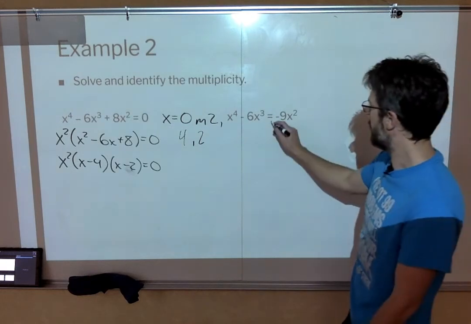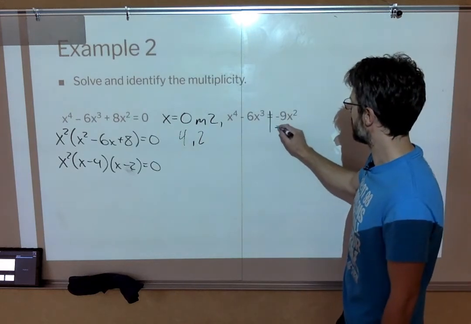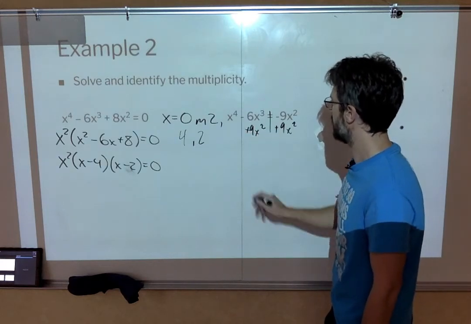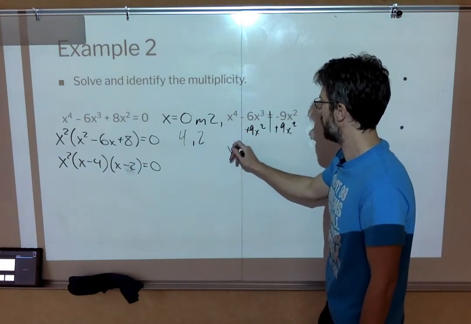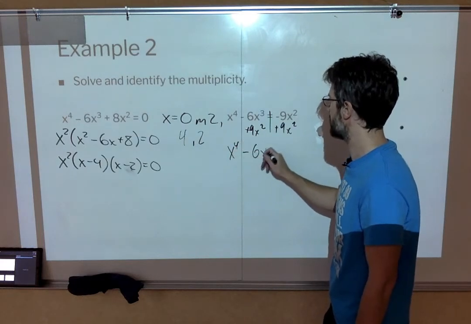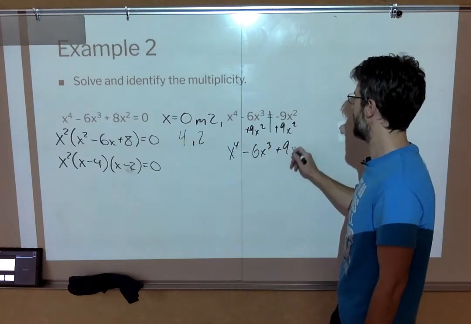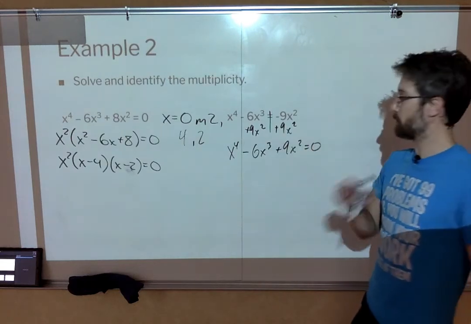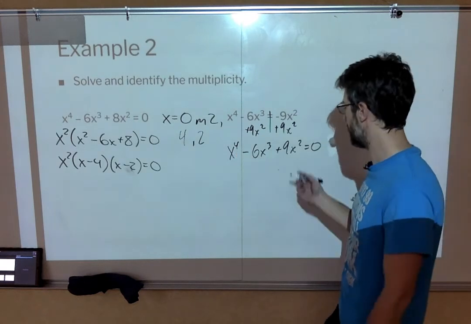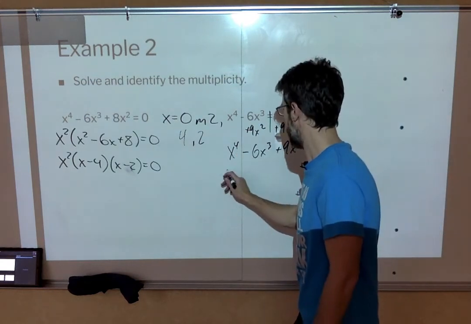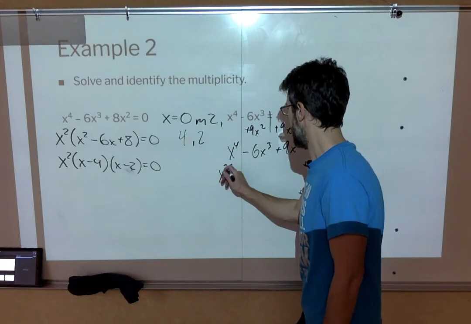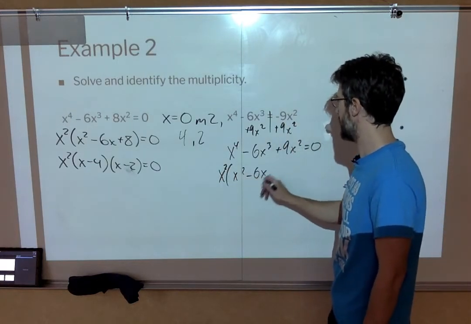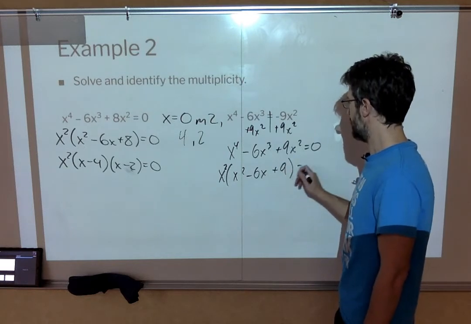All right, this guy. A little bit of pre-work to do. We'll add 9x squared to both sides. And that gives us x to the 4th minus 6x cubed plus 9x squared. Where does that equal 0? Again, I'm going to have 4 solutions, including multiplicity, because it's x to the 4th. All right, factor out an x squared from each of these, and I get x squared minus 6x plus 9.